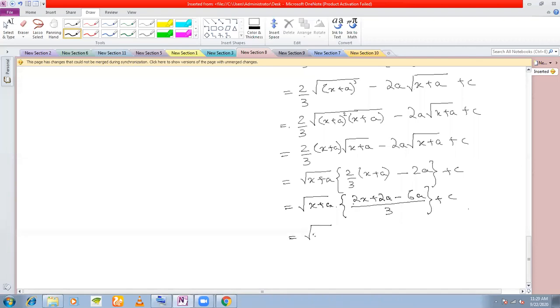So you get root x plus a into 2x minus 4a by 3 plus c. Now you can take 2 common also from here. So you get 2 root x plus a into (x minus 2a) divided by 3 plus c. So this is your answer.